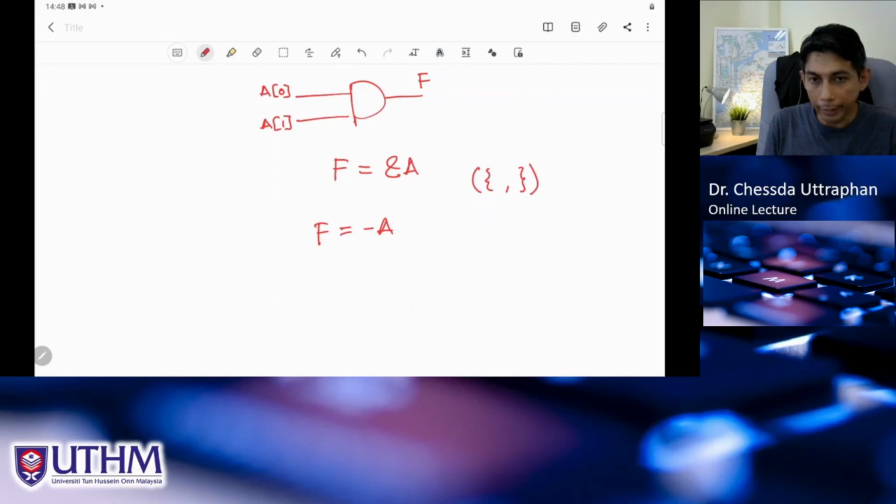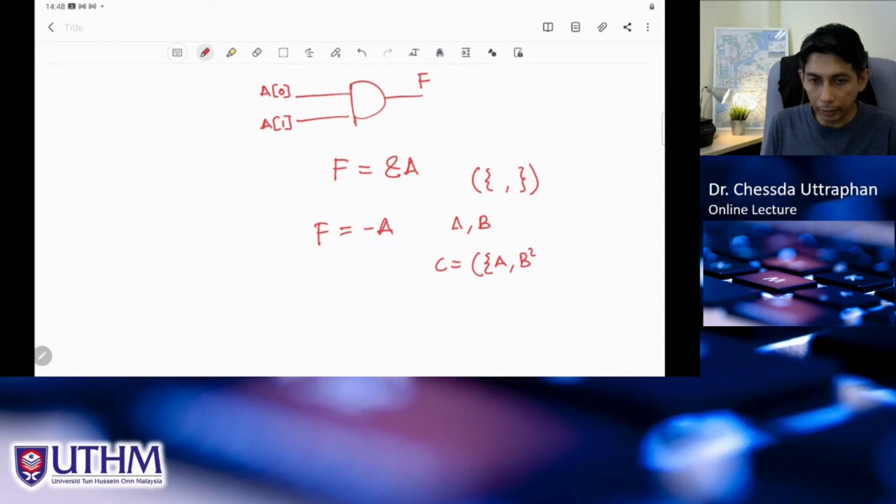Concatenation is used to combine signals. For example, we have signal A and signal B, and we want to combine these two signals. So we can have something like this: C equal to A, B. This is called concatenation.